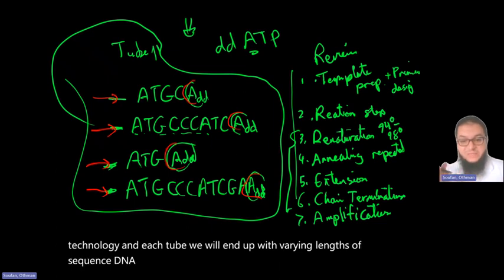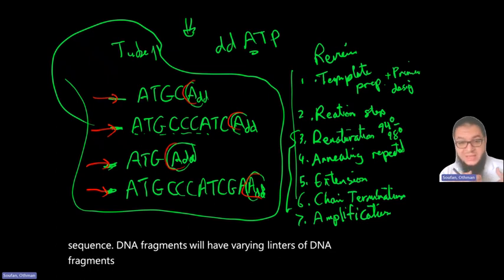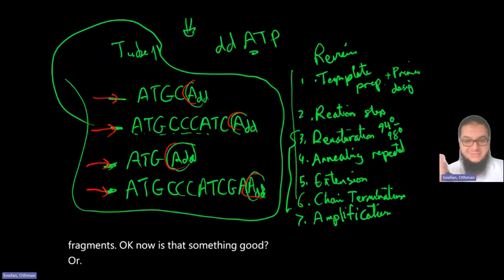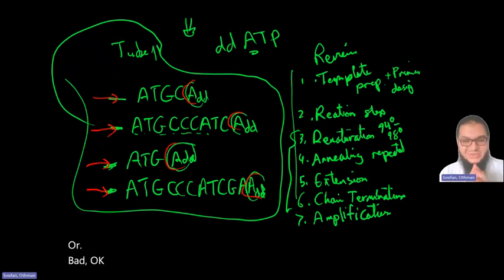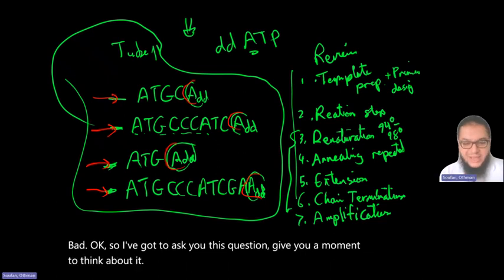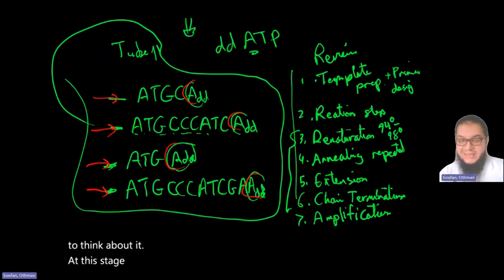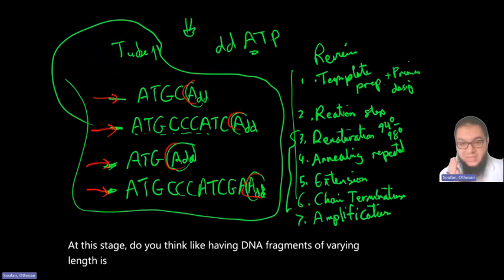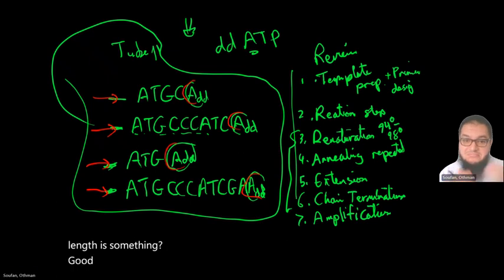Now, is that something good or bad, okay? So I'm going to ask you this question, give you a moment to think about it. At this stage, do you think having DNA fragments of varying length is something good or not good?